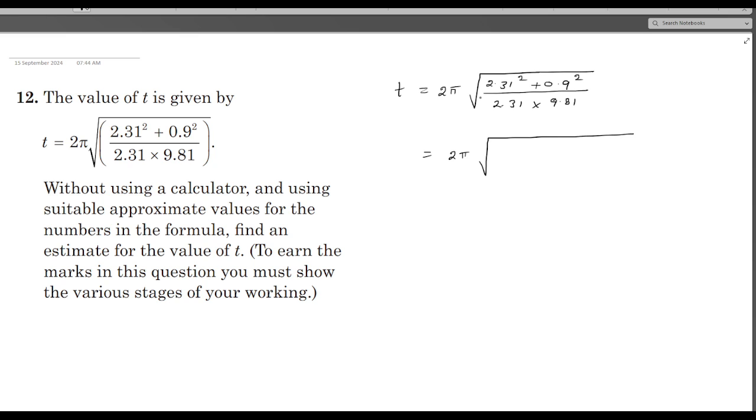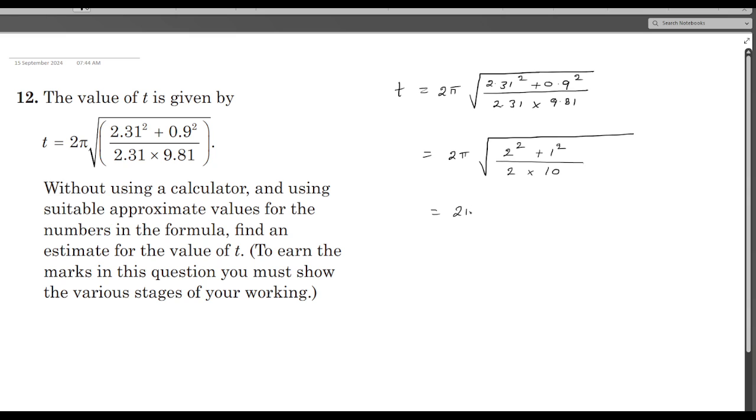2.31 squared I will consider as 2. So this is 2 squared plus the 0.9 I will consider as 1. So it is plus 1 squared. Okay, so the 0.9 I am approximating to the higher side. 2.31 I am approximating to the lower side. Denominator, this 2.31, here also I have to consider 3 times this 9.81, which we will consider as 10.